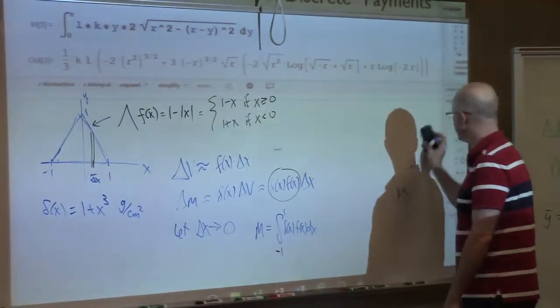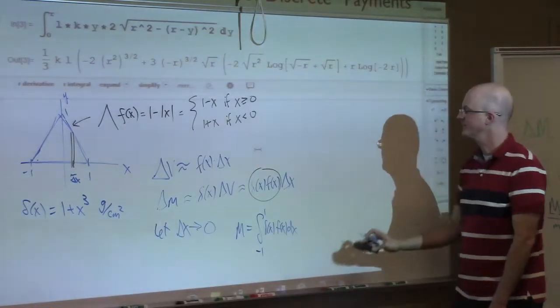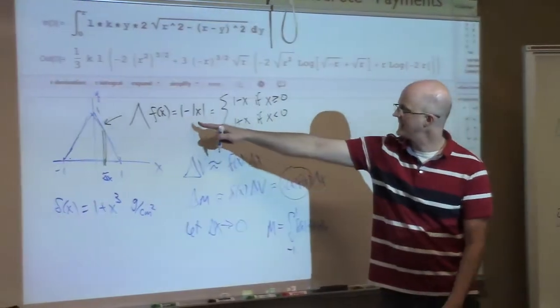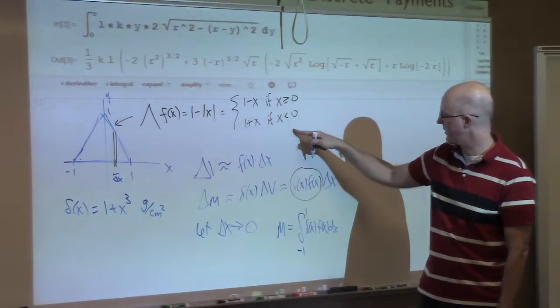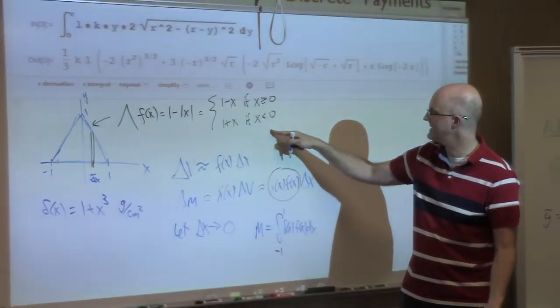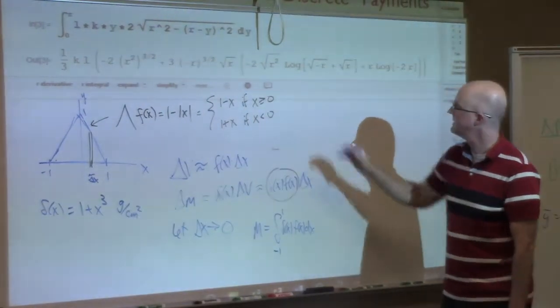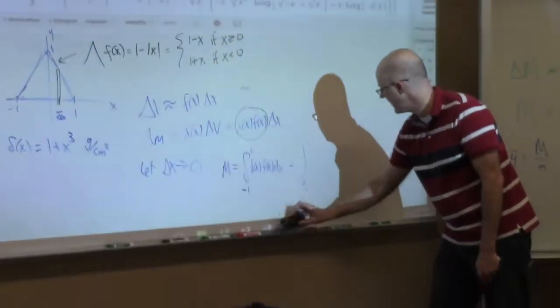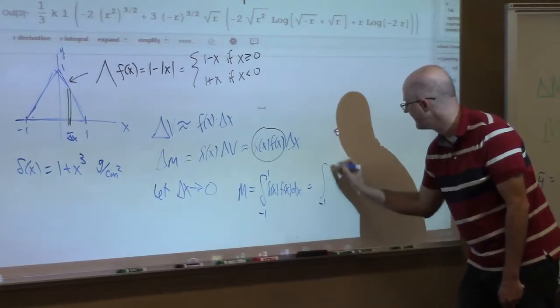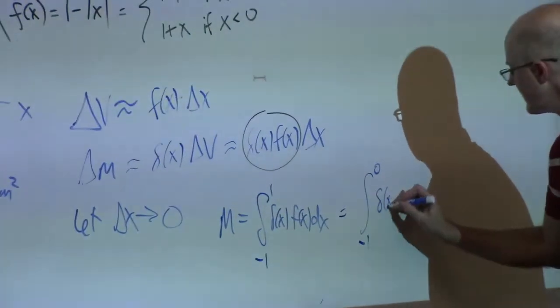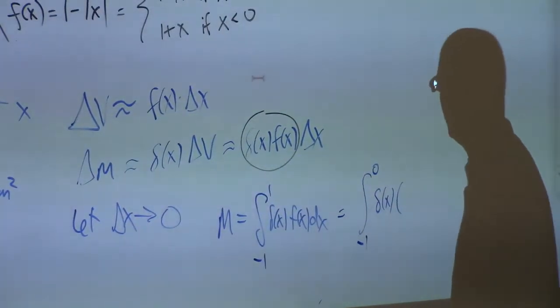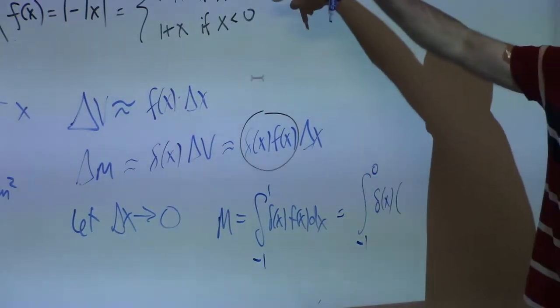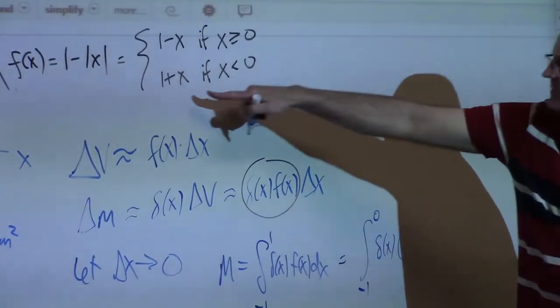As far as evaluating this integral goes, the fact that f of x ultimately has this piecewise formula means if you were going to do it by hand, at least, it'd be best to use the two pieces. It'd be best to break it up as an integral from -1 to 0, where on that interval, the formula for f of x is this one, 1 plus x.